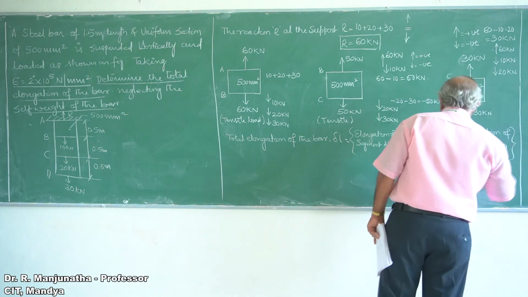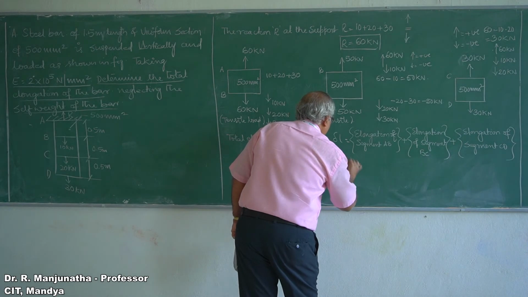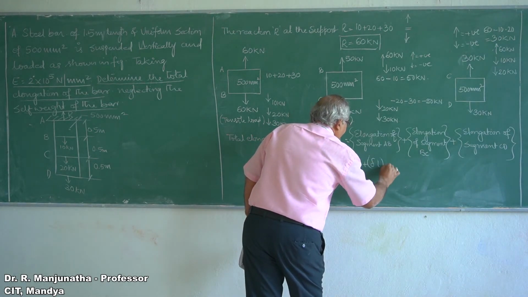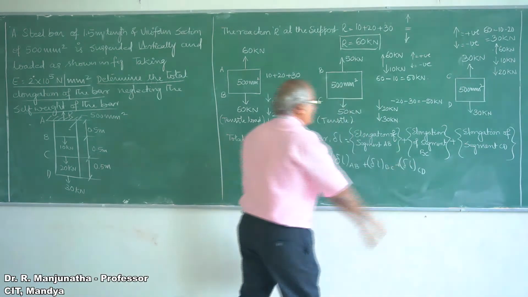So delta L will be equal to delta L of AB plus delta L of BC plus delta L of CD.